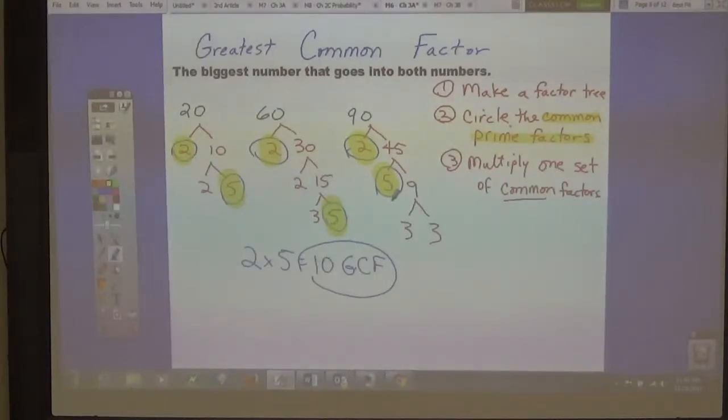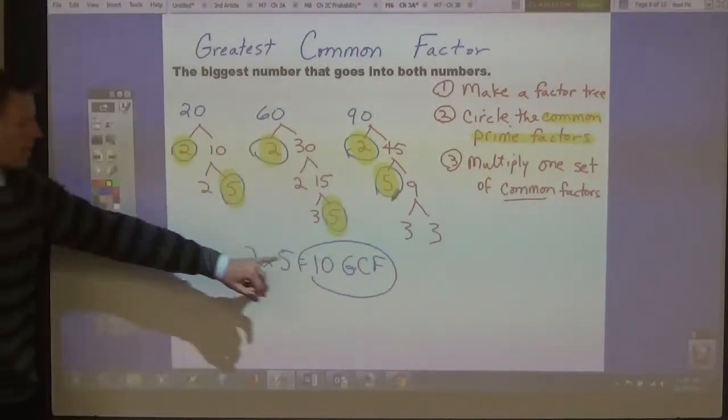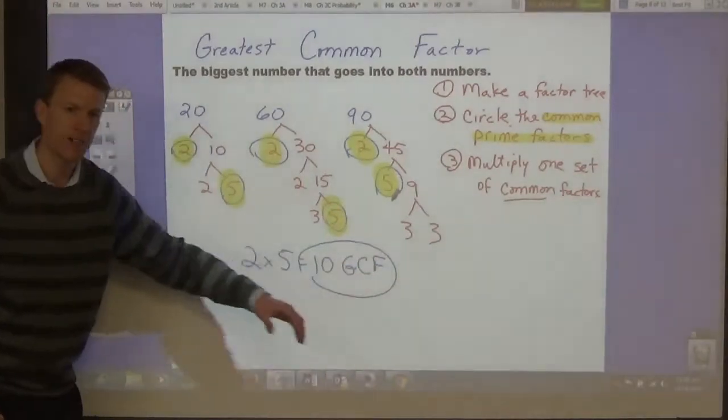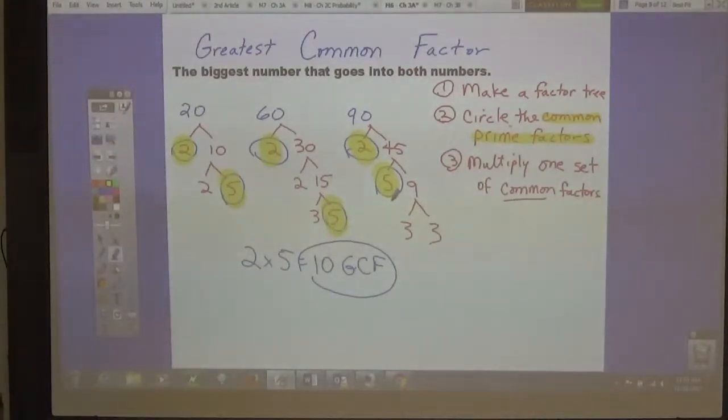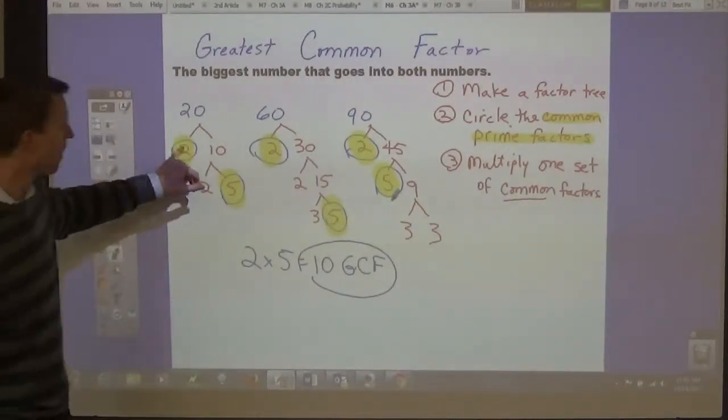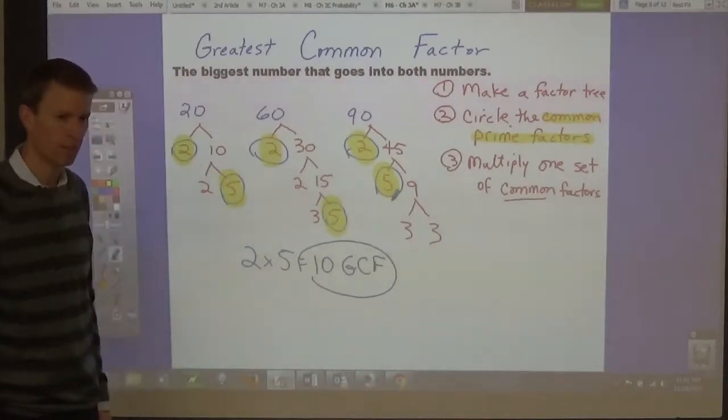Okay? That gives us the common factors. And if we multiply them together, we'll have the greatest common factor. So multiply the common factors.